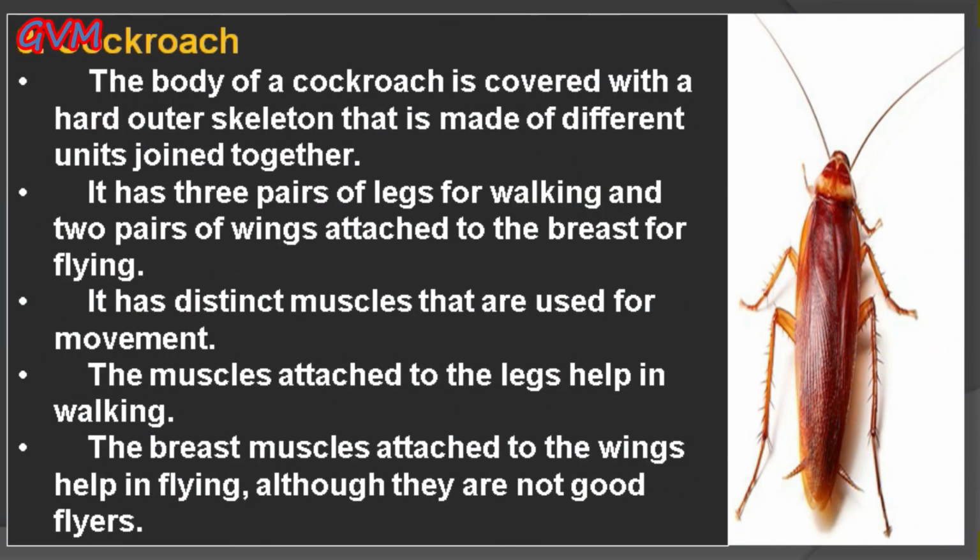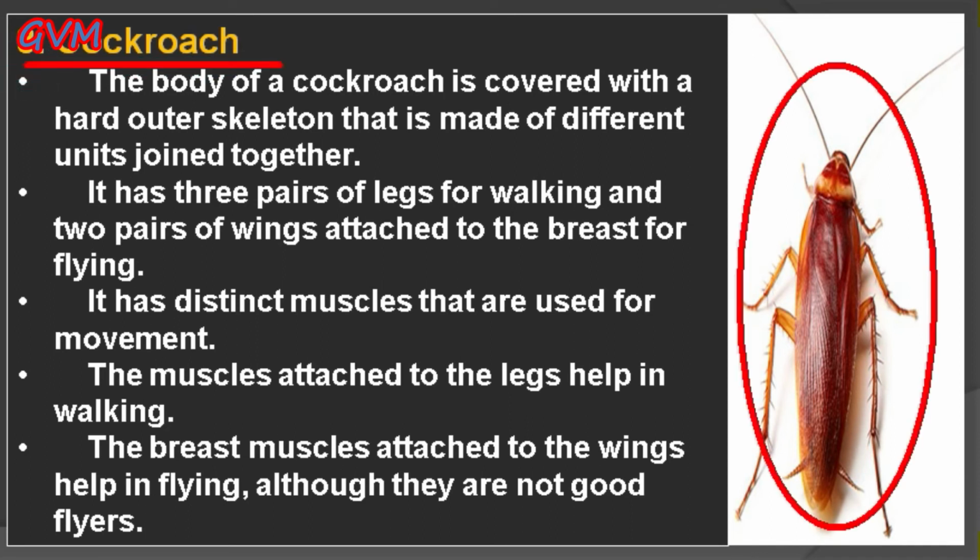Now students, the next organism is cockroach. Students, the body of cockroach is generally covered with a hard outer skeleton that is made up of different kinds of units. And students, a cockroach has 3 pair of legs, as you can see here. First one, second one, and the third one. So it has 3 pair of legs for walking and 2 pair of wings attached to the breast for flying.